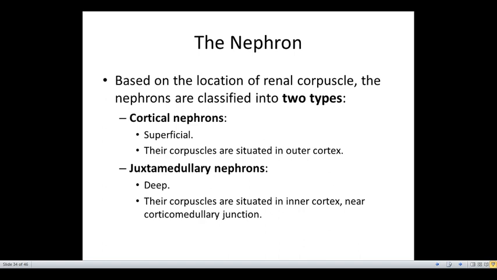Their corpuscles are situated in the outer cortex, while the juxtamedullary nephrons are deep and their corpuscles are situated in the inner cortex near the corticomedullary junction.